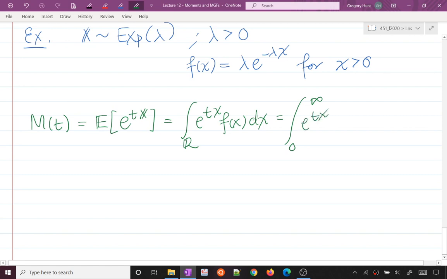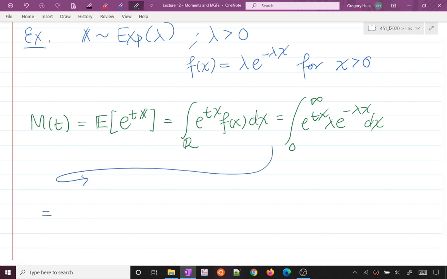We get e to the tx, and for the positive numbers, our PDF is lambda e to the negative lambda x dx. And this is actually not too bad of an integral. Let's bring it down here. Let's just combine some things. It's the integral from 0 to infinity. Pull out the lambda, why not?